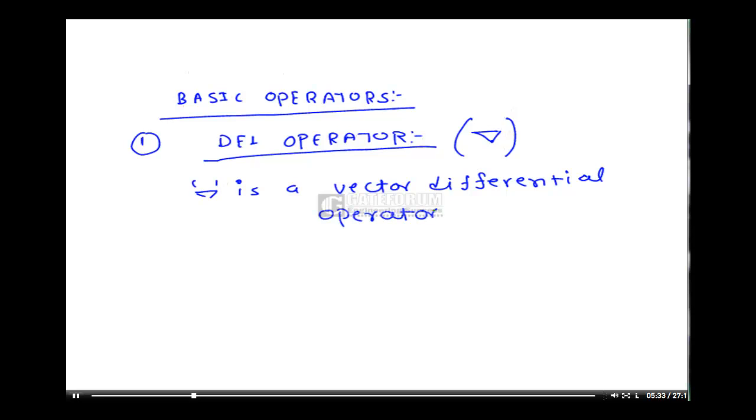Vector differential operator defined as del is equal to dou by dou x ax plus dou by dou y ay plus dou by dou z az. So this is the definition of del.